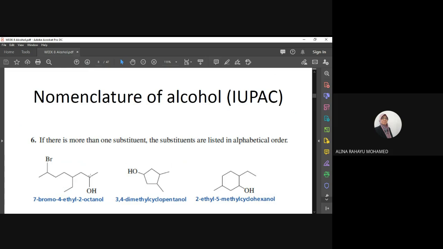At carbon number 2 there is an OH group, so 2-octanol first. And at carbon number 4 we have an ethyl group, 4-ethyl-2-octanol. And at carbon number 7 we have bromine. So we call it 7-bromo-4-ethyl-2-octanol.